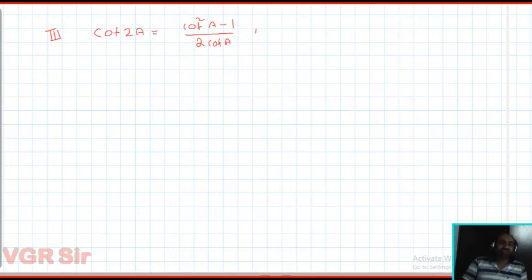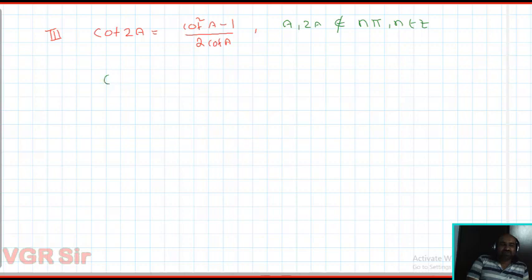This is also conditional: a and 2a do not belong to nπ, an integral multiple of π. Because at π, 2π, 3π cot is not defined, similarly cot 2a is also not defined.